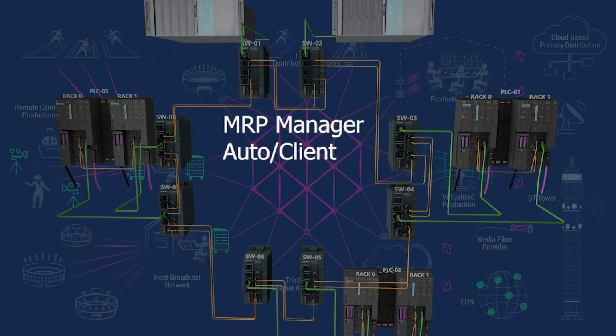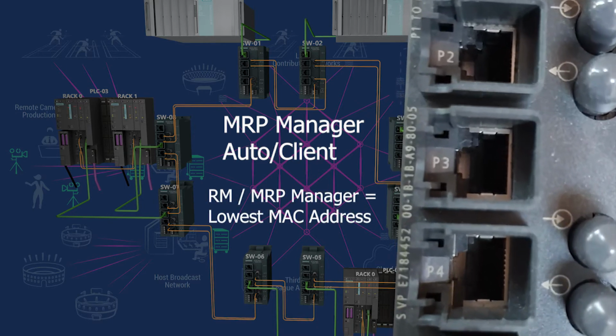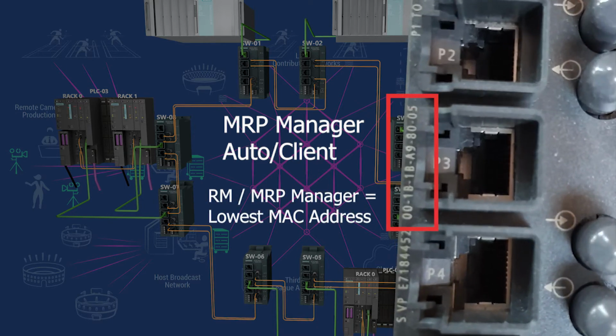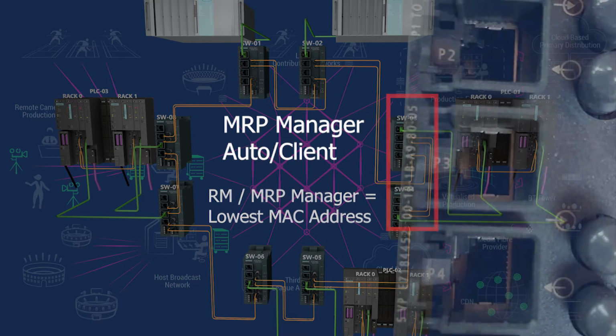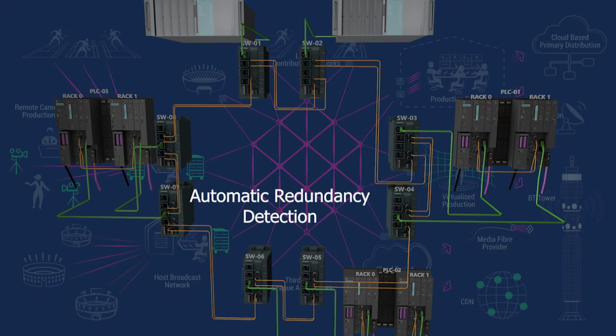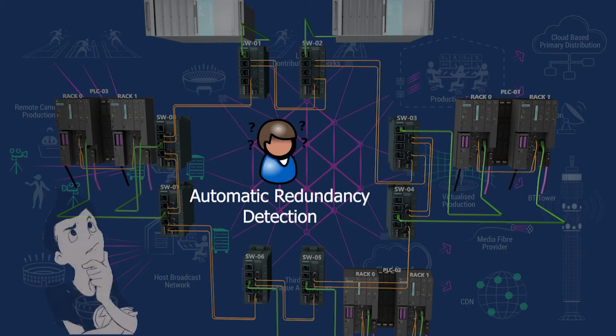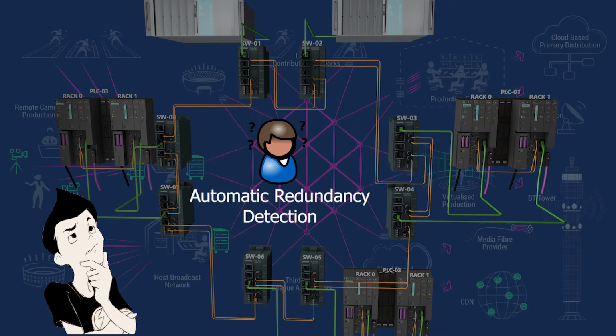Keep in mind, if you configure all network switches as MRP manager auto/client, then the device with the lowest MAC address will always become the MRP manager and all others become MRP client. On the other hand, if you configure all devices as automatic redundancy detection, then the switches cannot detect whether or not an MRP manager is in the ring.